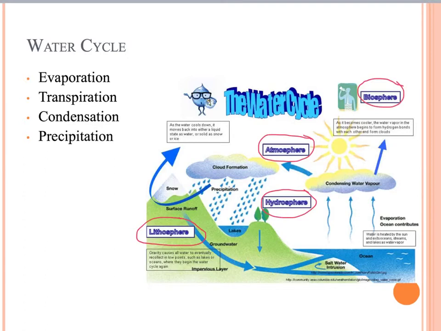The first stage of the water cycle is powered by the sun. The sun heats the oceans, or really any large body of water, and causes some of the molecules within that body of water to gain extra energy and transform into a gas. That's called evaporation.